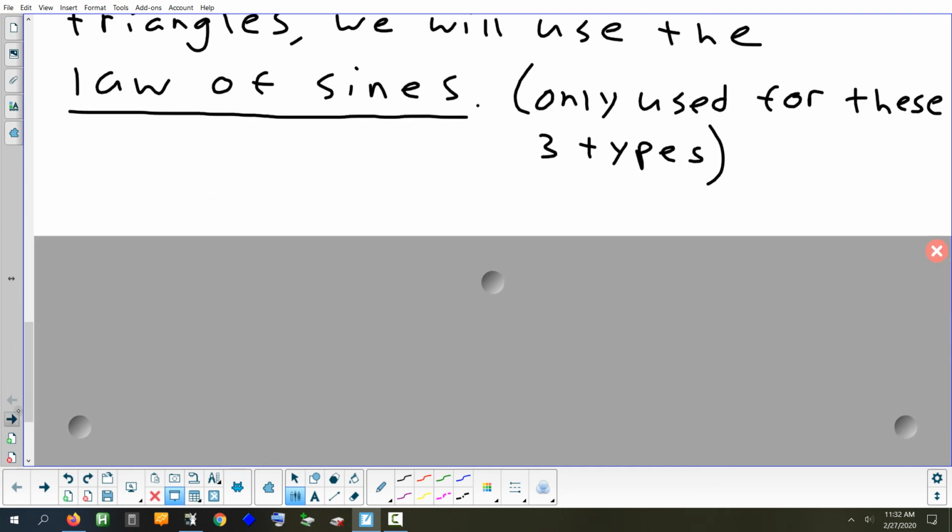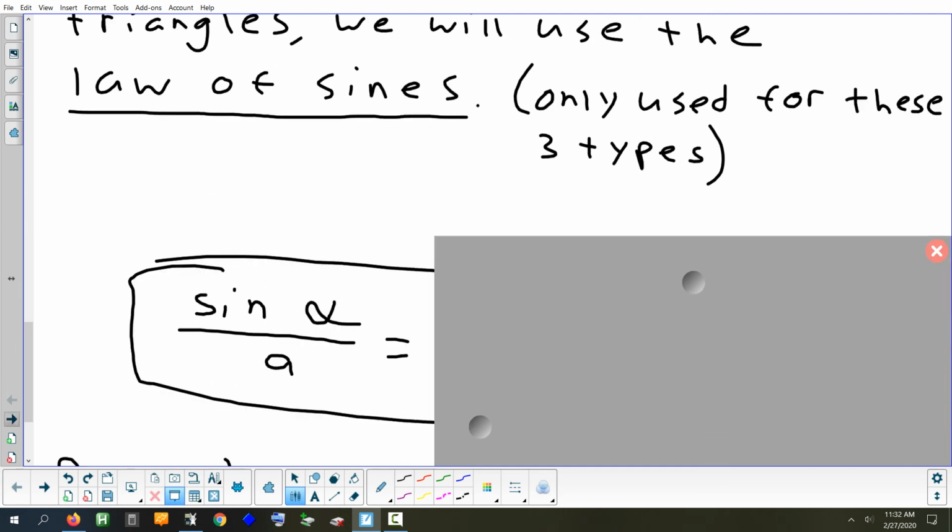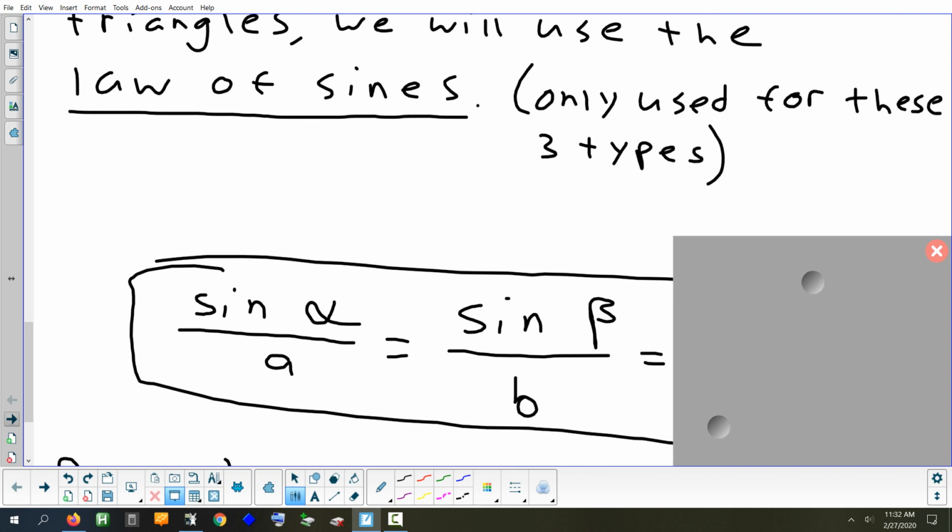So that's the first two parts of the law of sines. Sine of alpha over A equals sine beta over B. Anyone have a guess what the third fraction is? Without going through the proof, we could do it again just like we did, but I don't think we'll need to.